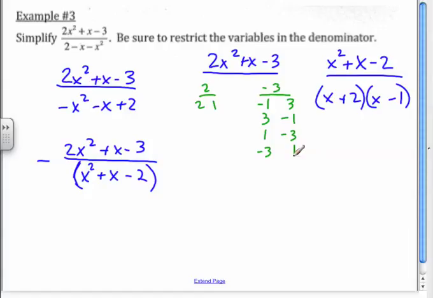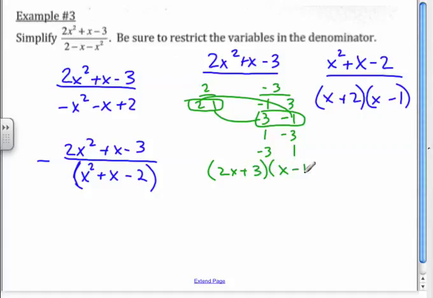That one works, I think. Do you guys agree? Because 2 times negative 1 and 1 times 3 gives me negative 2 and 3, which gives me positive 1. So the top factors to 2x plus 3 times x minus 1.